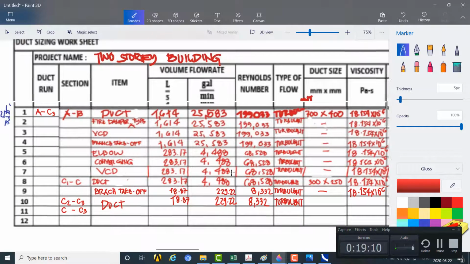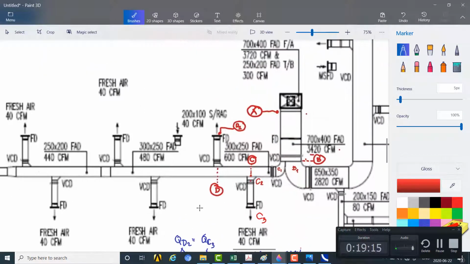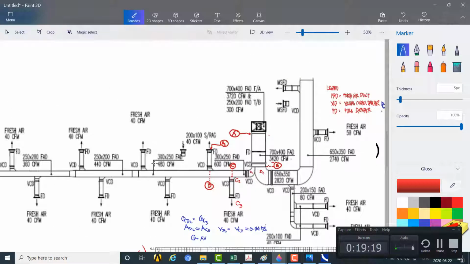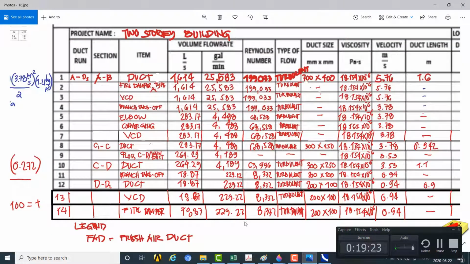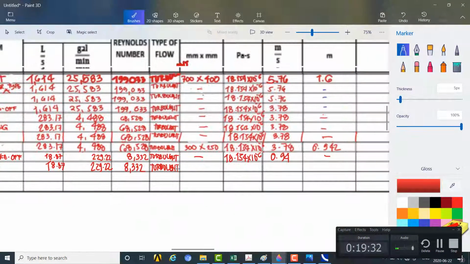Then the size of the duct will be how much? Referring to what we used last time, we have the duct which is 200 by 100. Okay. So the size of duct will be 200 by 100.